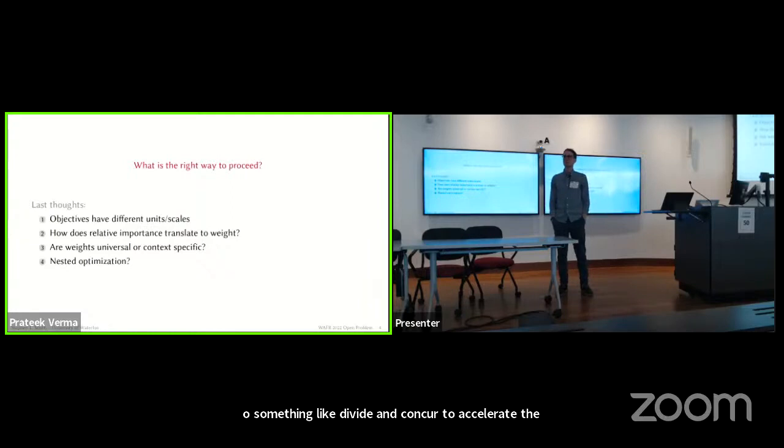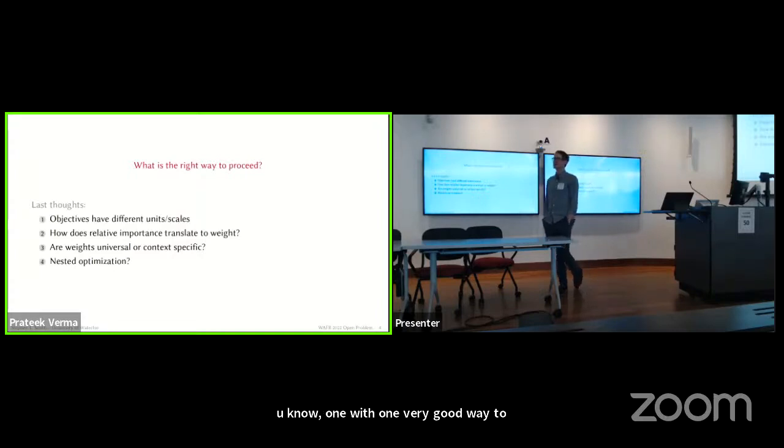This is just one takeaway: for the problem formulation you describe, if you find those weights you said, then ADMM is the way to go. One very good way to go. Yeah, interesting. Okay.